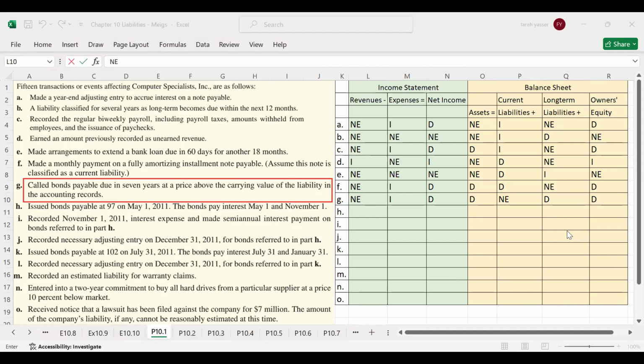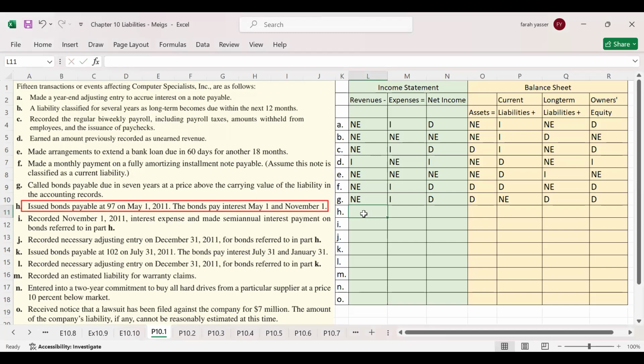So the next transaction is the company issued bonds payable at 97. At 97 means the company is issuing this bond at a discount because a $100 bond is issued at 97. The bonds pay interest on 1st May and 1st November. So at this stage, when the company issued the bond, the company received cash.